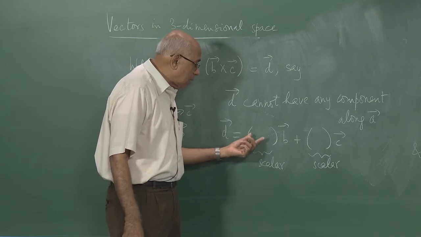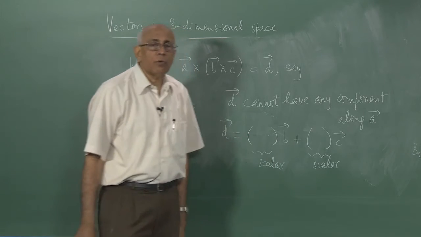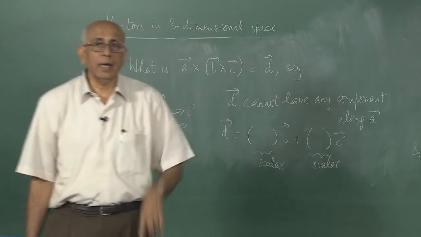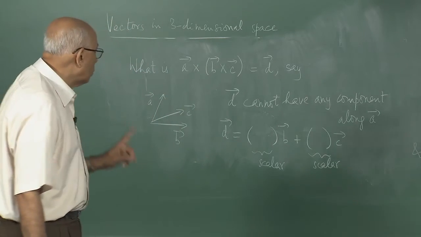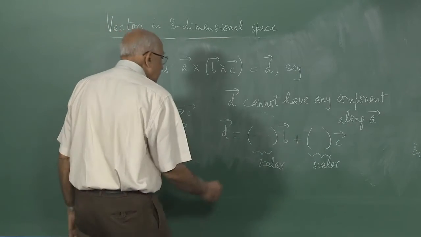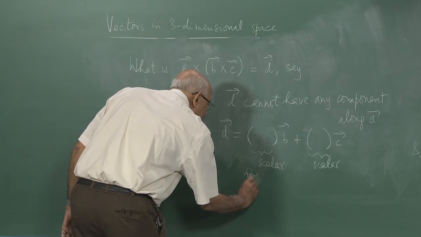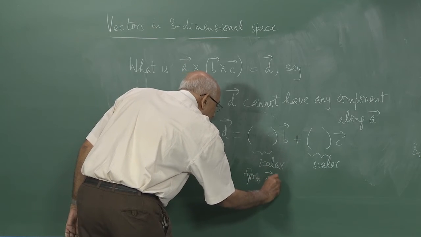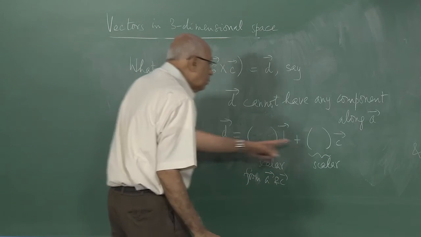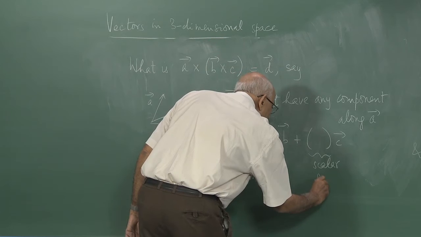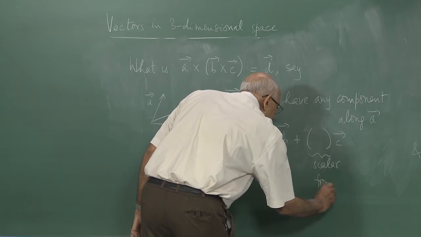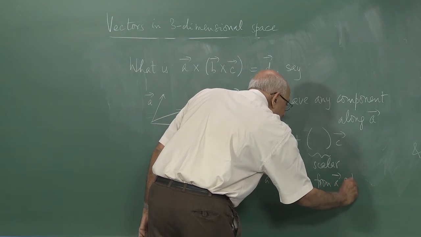Therefore, this term here must be a scalar formed out of the other two vectors, A and C. There is no other choice. So this must be a scalar from A and C, and this must be a scalar from A and B.